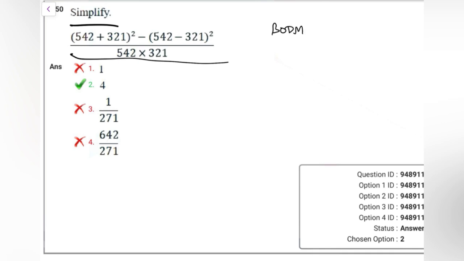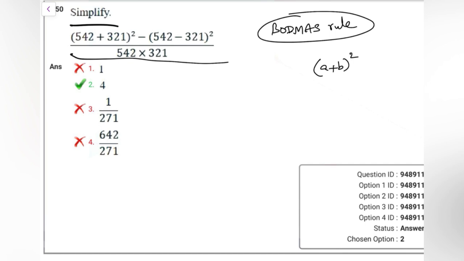Let's simplify this using the BODMAS rule. The numerator is in the form of a plus b whole square and a minus b whole square. We know that a plus b whole square is equal to a square plus b square plus 2ab, and a minus b whole square is a square minus 2ab plus b square.